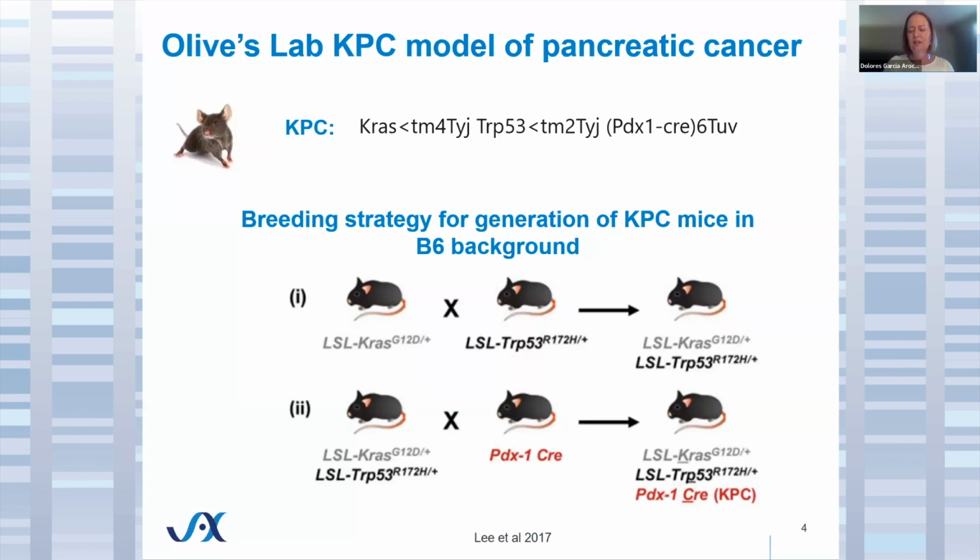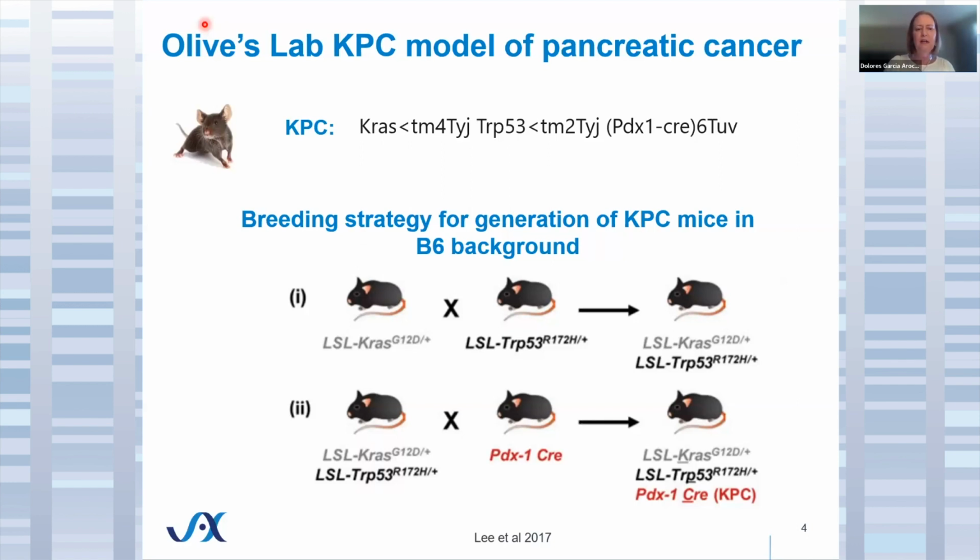You select those mice that are positive for Cre, and positive for TP53 and KRAS. According to the Olive Lab, these mice generate pancreatic cancer almost 100% of the time, he claims; other researchers get less penetrance than that, but that is basically what the Olive Lab KPC model is about.